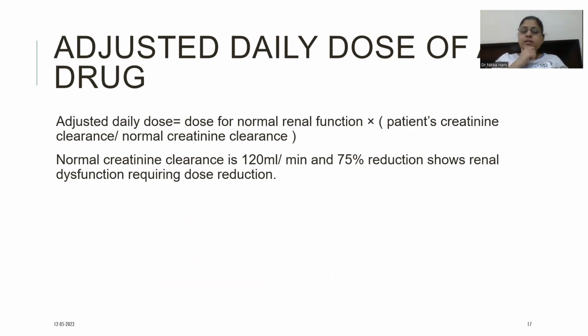Normal creatinine clearance is 120 milliliters per minute, and the patient's creatinine clearance will be calculated from the previous formula. A 75% reduction shows renal dysfunction requiring dose reduction.